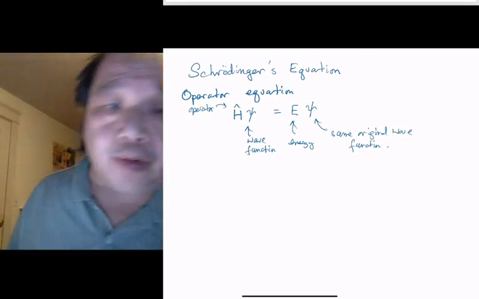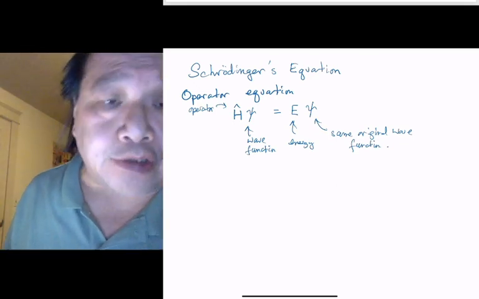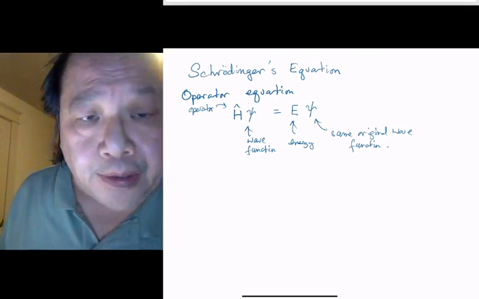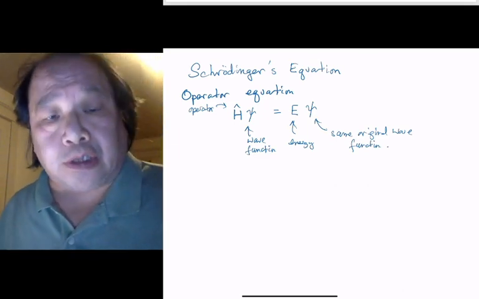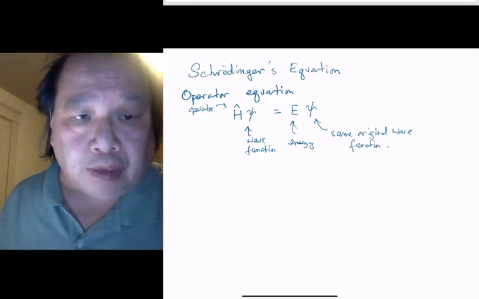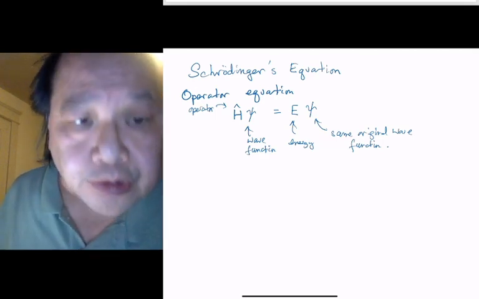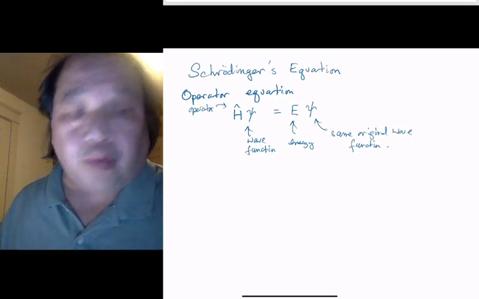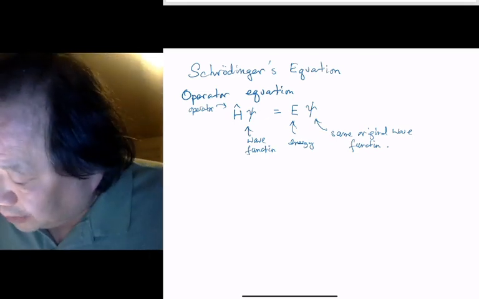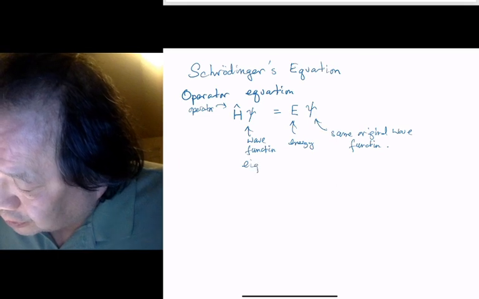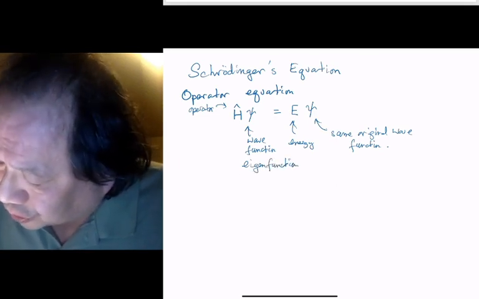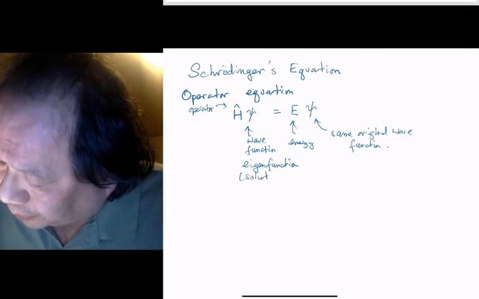So an operator equation is that you're looking for wave functions which have the property that, acted on by the operator, they come back as the energy, or some constant, times the original wave function. The very special wave functions that do this have a name: eigenfunctions. Eigenfunctions are the solutions to the operator equation.